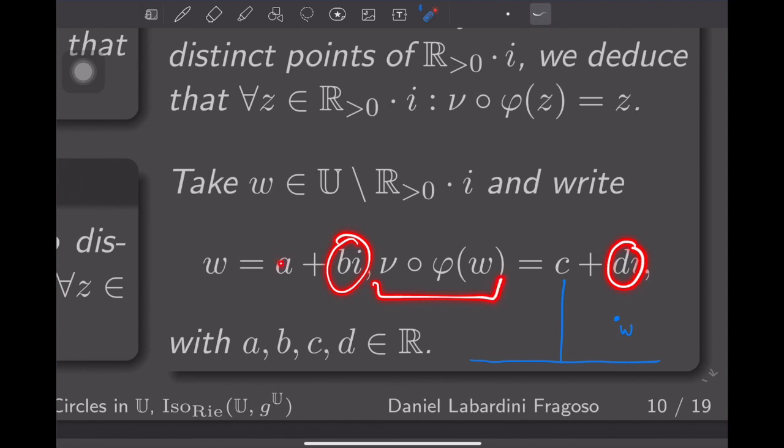Either a is equal to c, in which case w is equal to this, or a is equal to minus c, or if you want, c is equal to minus a, in which case w sits precisely at the Euclidean reflection. Right? So I know for each w that the relation between w and its image is that it is either itself or the other one.